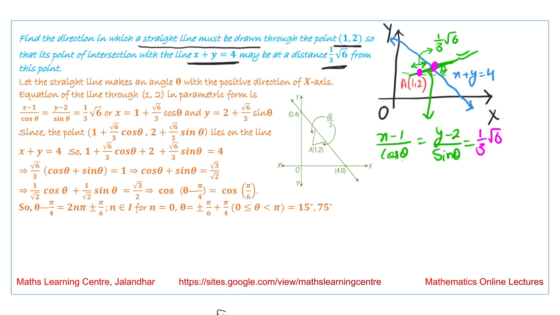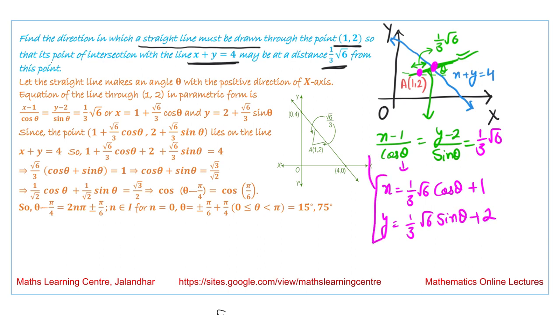So the value of x is 1/3√6 cos theta plus 1, and the value of y is 1/3√6 sin theta plus 2, and these 2 points should lie on the line x plus y is equal to 4.